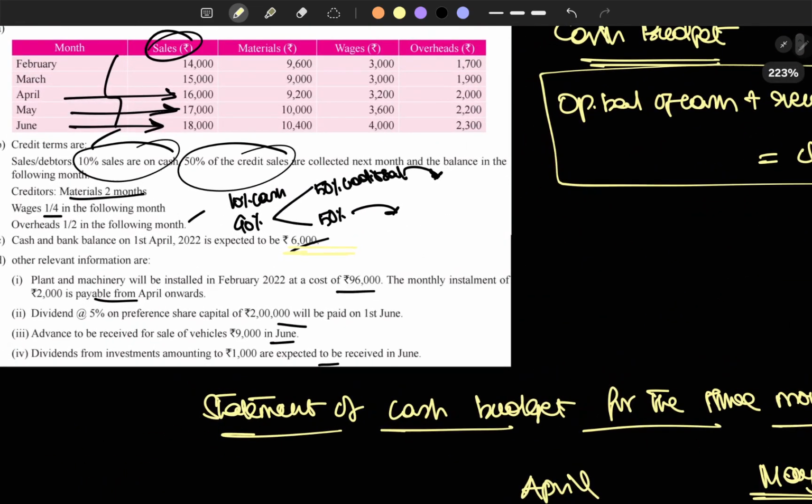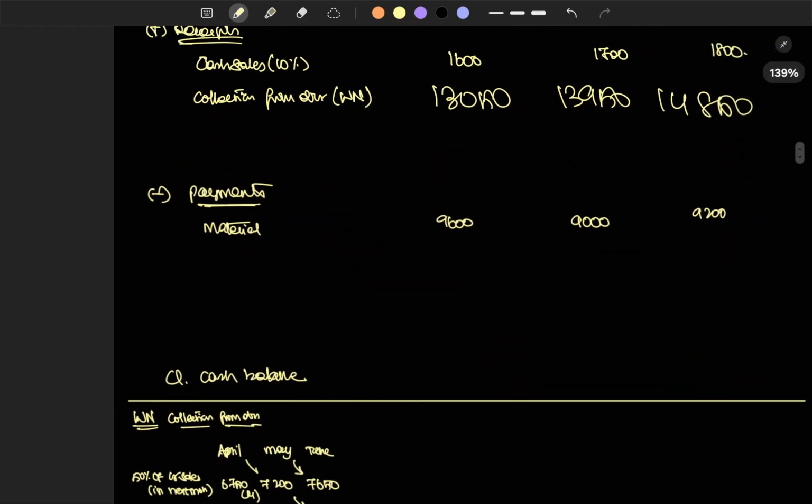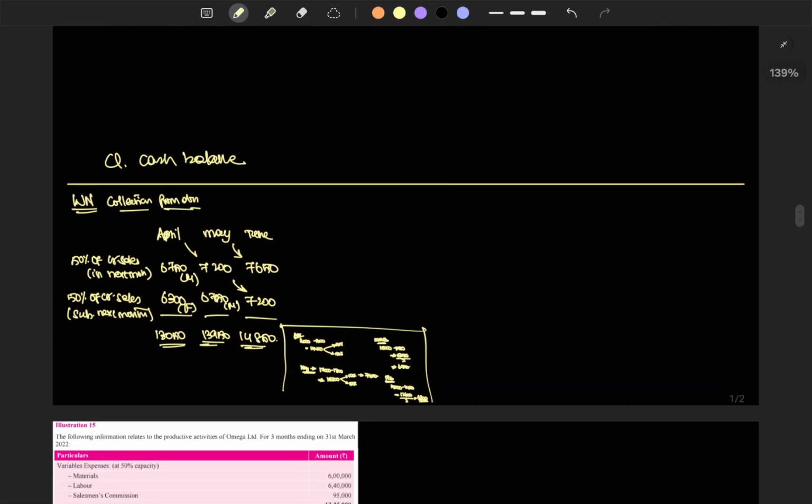Then wages 14,000, with 0.25 percentage in following month. Wages working note 2. April, May, June. Same month, 75 percentage.